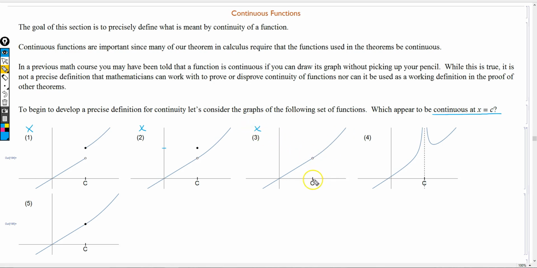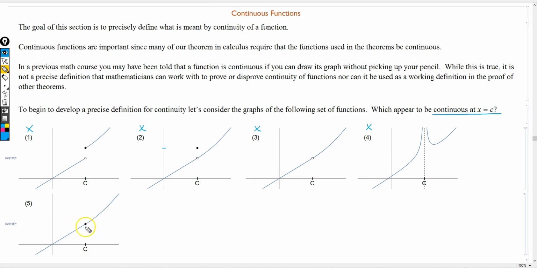In this graph right here, f of c is actually undefined. If you draw a vertical line, you actually never hit the graph, so f of c is undefined. This one over here definitely doesn't look like it should be continuous. This graph actually goes all the way up to positive infinity, and you have to sort of hop over and continue on the other side with your pencil, come all the way down like this, so no, that one shouldn't be continuous either.